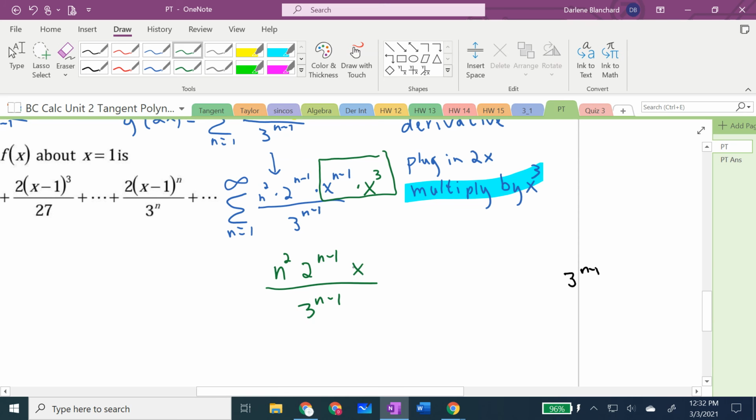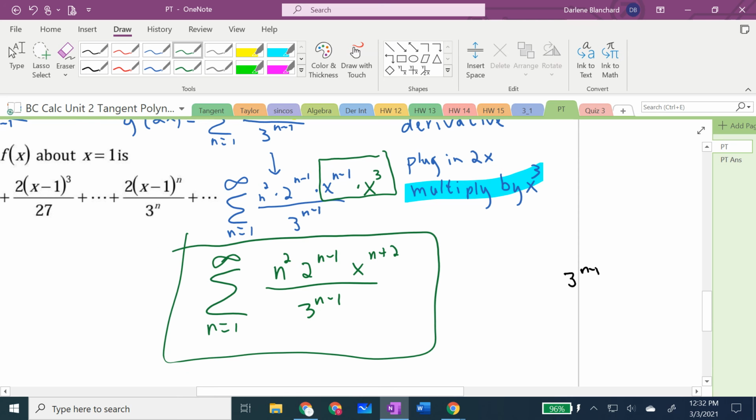And adding the exponents, n minus 1 plus 3 becomes n plus 2. And it's possible for you to have a shifted form of this, but if it is shifted, then you're starting at a different n. And if you added 1 or subtracted 1, then you will do the opposite to each of these n's. All right.